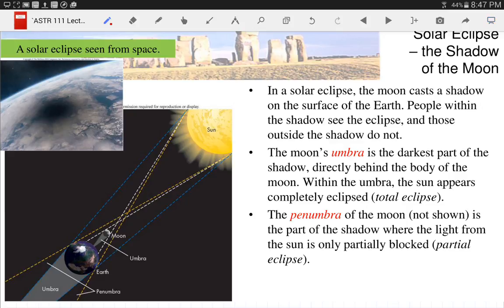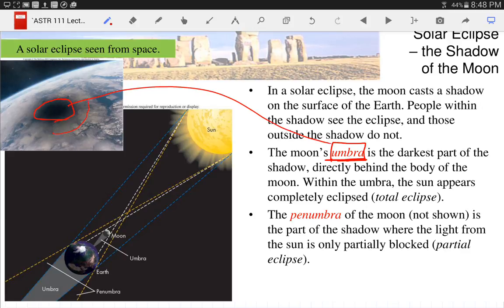Okay, a couple terms here. Umbra means shadow. Like an umbrella, which is shadowing you from rain, or if you call it a parasol, it's shadowing you from the sun. And so the place where you have complete shadow here in this picture, that's the umbra.